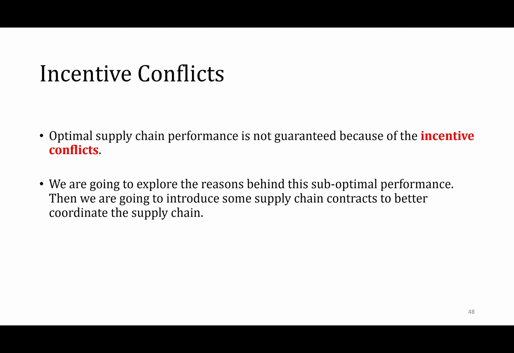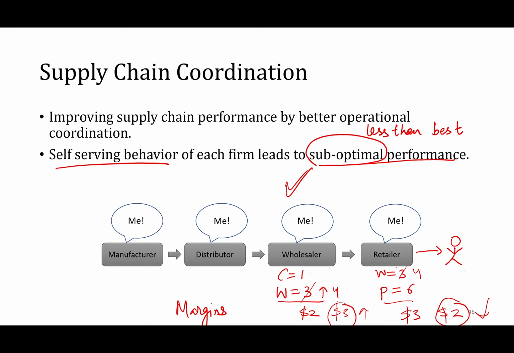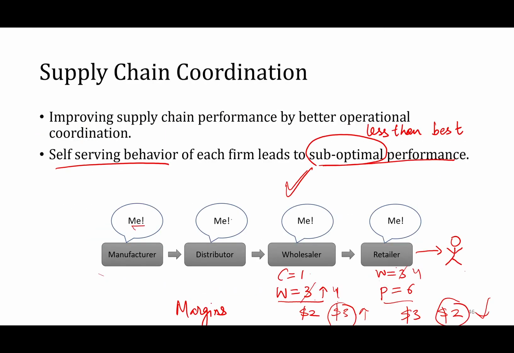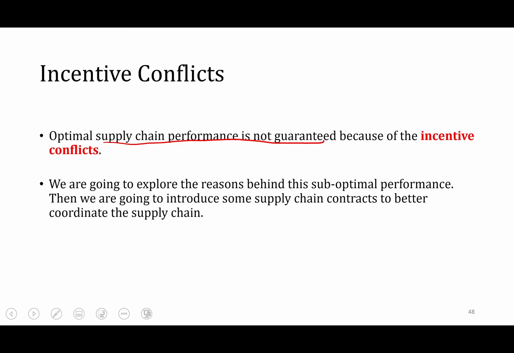As long as incentive conflicts are present within a supply chain, the optimal supply chain performance is not guaranteed. It cannot be achieved as long as everyone is acting according to their self-serving behavior. So what we are going to do is explore the reasons behind this suboptimal performance, and understand why it comes about.